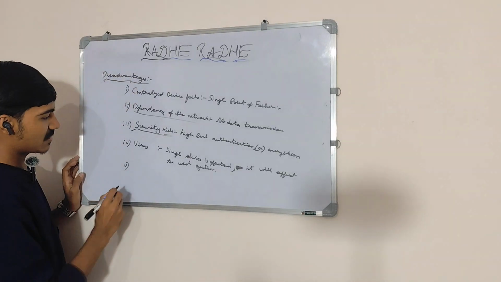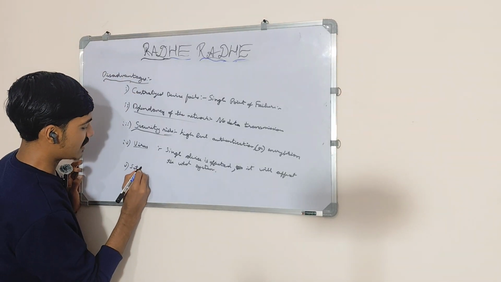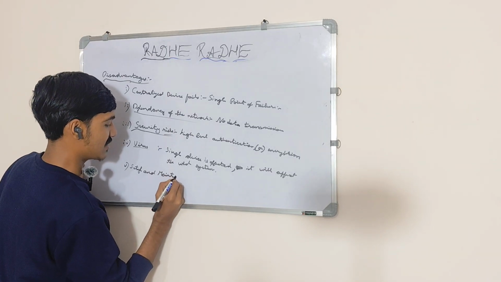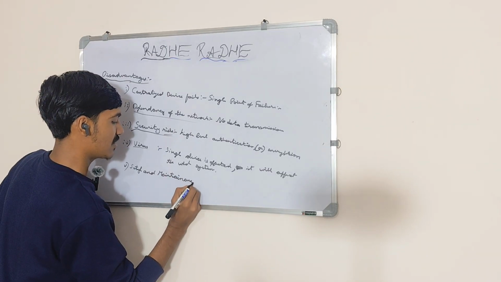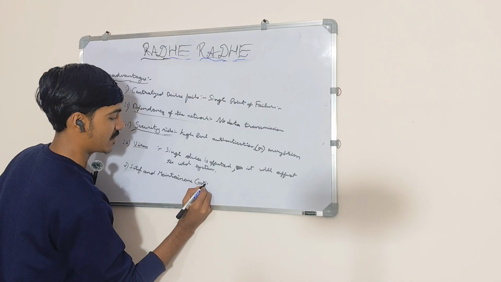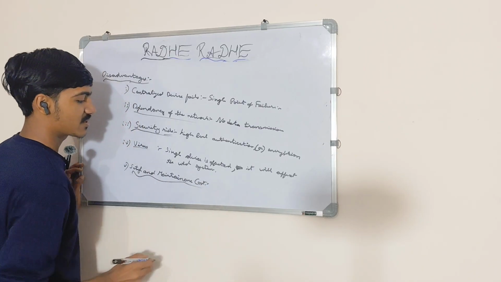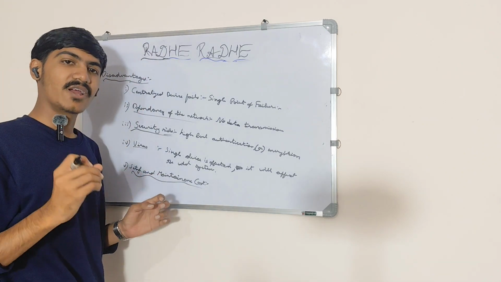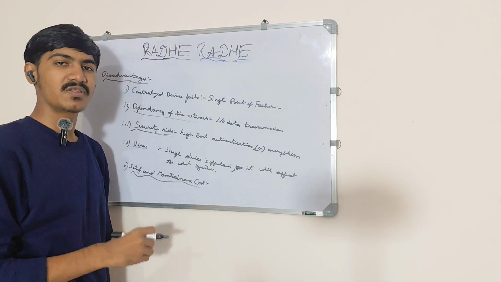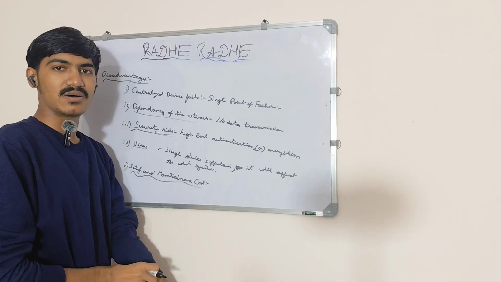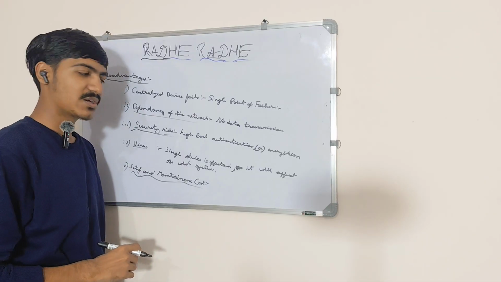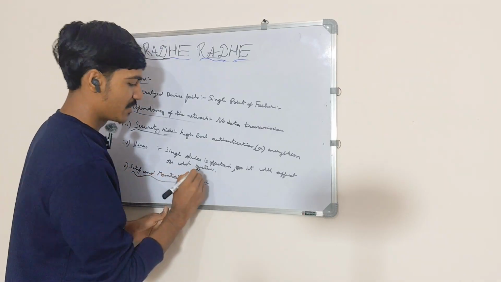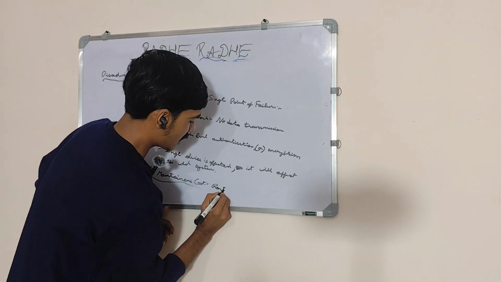Fifth, initial setup and maintenance cost. Suppose you are going to create a new network in your office. You are owning the office and you are going to create a new network. For a LAN to build up, you require multiple routers.